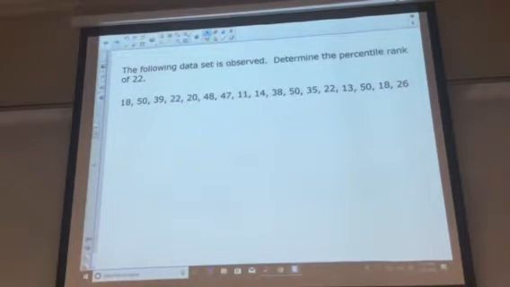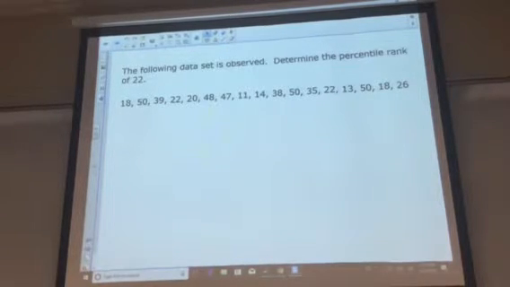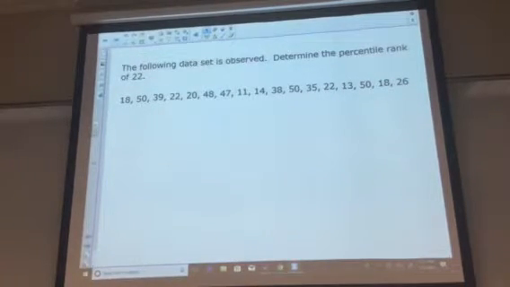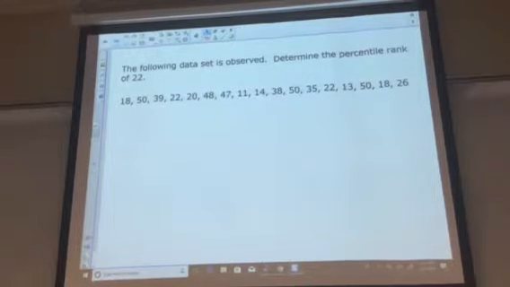Okay, so what are we going to do here if we have to find the percentile rank? We're going to put them in order. If you don't want to put them in order, it makes it harder for you. What's your target value? 22.